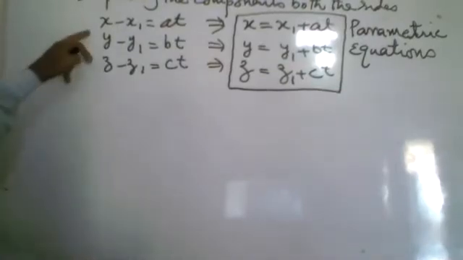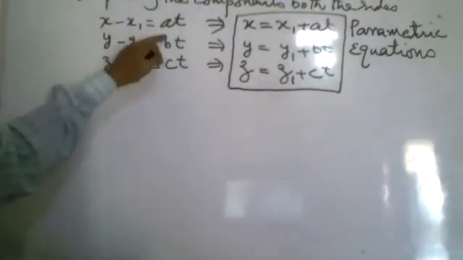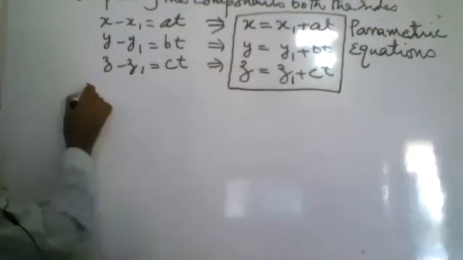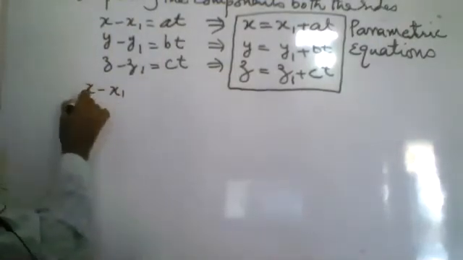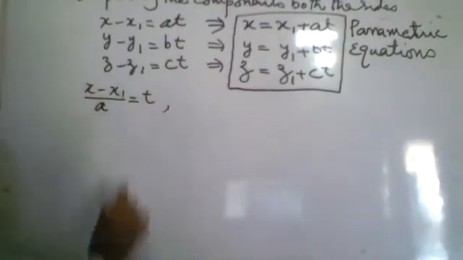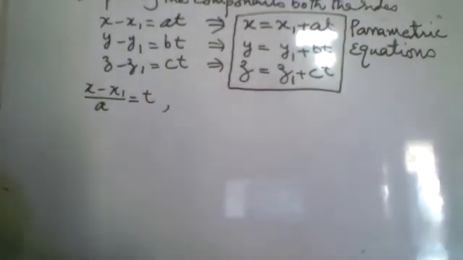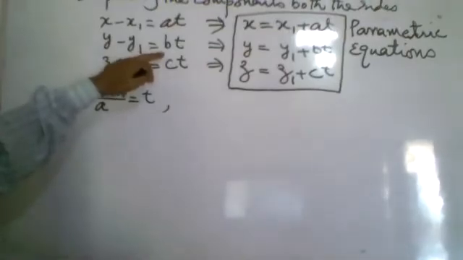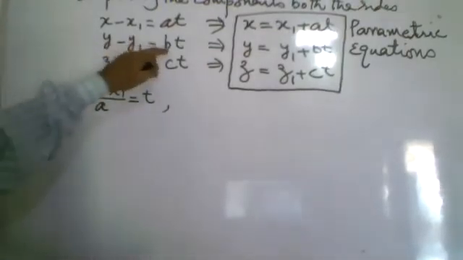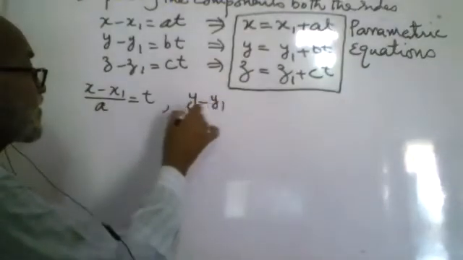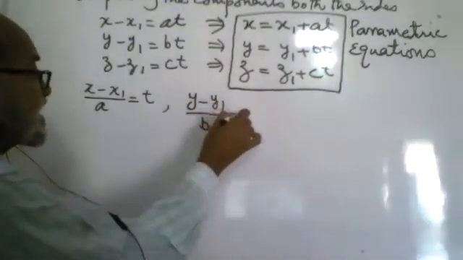Okay. X minus x1 is equal to at. Divide by a. So x minus x1 upon a is equal to t. In the same way, the other also, divide by b. Y minus y1 divided by b is also equal to t.